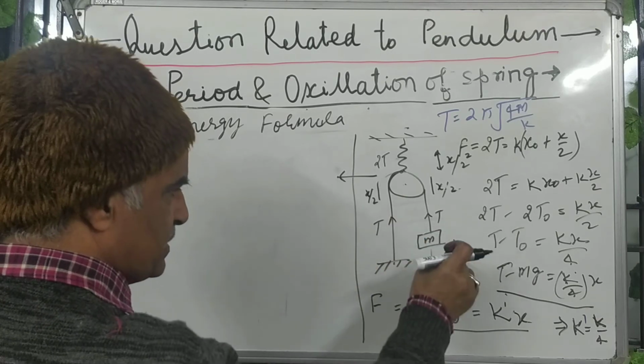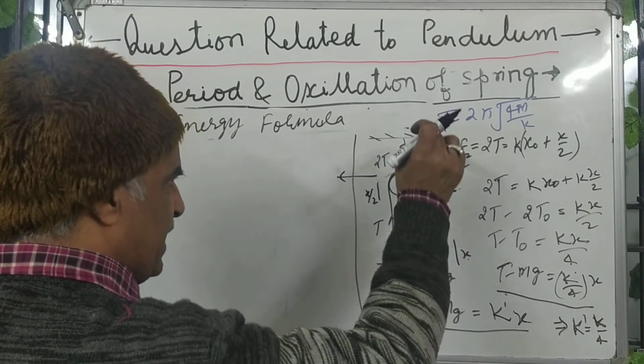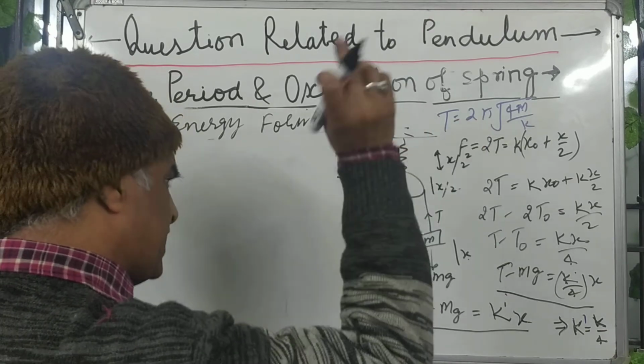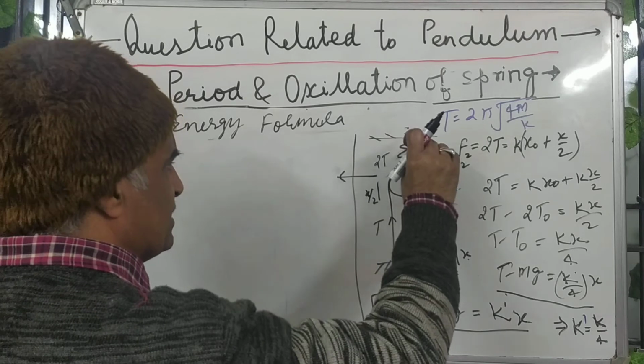There will be kinetic energy, and as the mass comes downwards, extension in the spring takes place and energy is stored as potential energy of the spring.